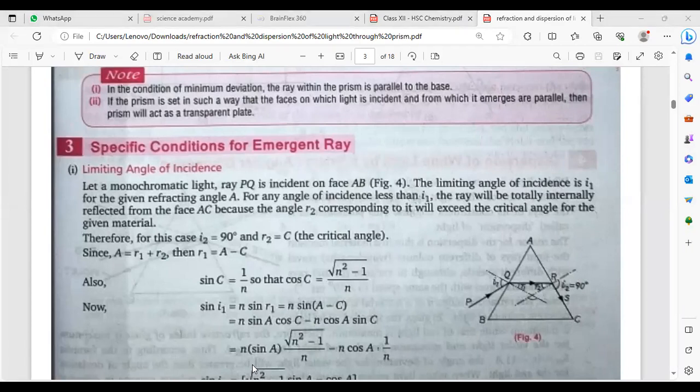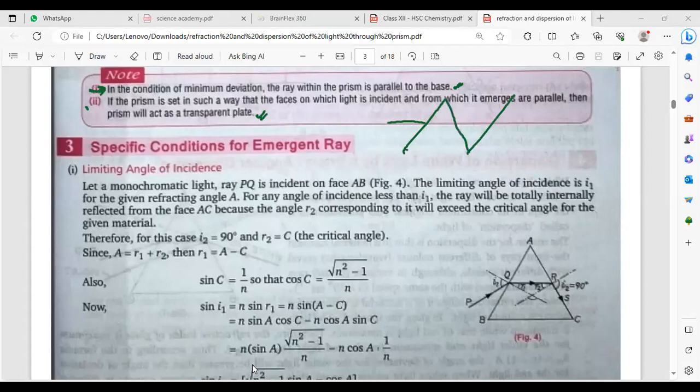इसमें ये दो छोटे points दिए हुए हैं. Minimum deviation पर ray within the prism is parallel to the base, but that is true only for isosceles prism. और दूसरा वाला जो दिया हुआ है वो point ये होता है, वो मैंने लिखवा दिया है already. If the prism is set in such a way that faces on which light is incidented and from which it emerges, जिस face पर light आ रहा है और जिस face पर से वो emerge कर रहा है, ये दोनों अगर parallel होंगे then it is going to work as a transparent plate.